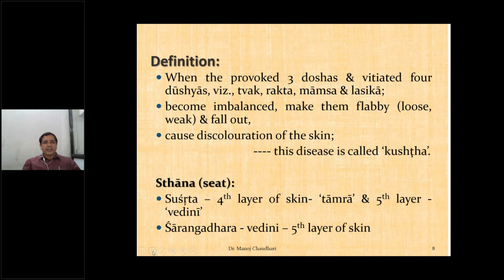So we get the dosha dushya sangraha; totally they are seven. Now, what is the sthana? Sushruta has explained that the fourth layer of the skin, called Tamra, and the fifth layer, Vedini, are the sthana of Kushtha. Charaka Samhita mentions the fifth layer, Vedini.